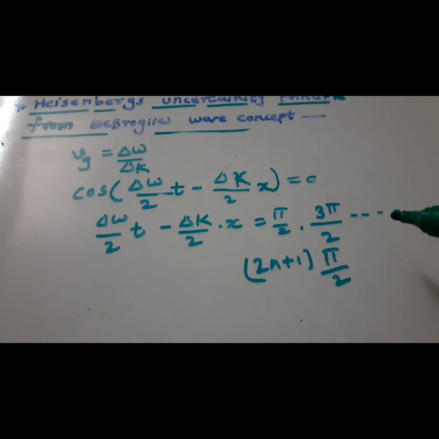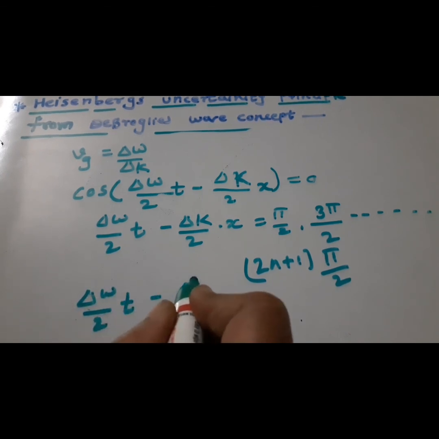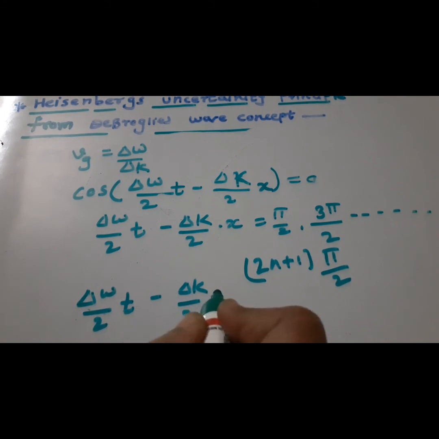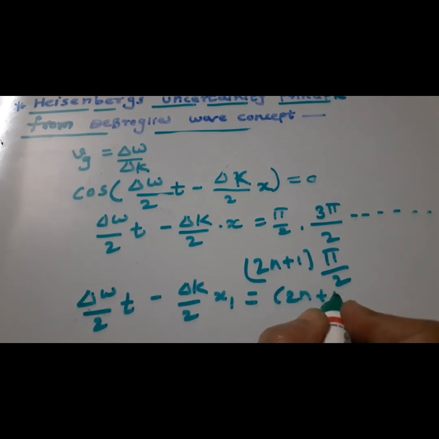Now, if x1 and x2 are the positions of the two consecutive nodes, then delta omega upon 2 into t minus delta k upon 2 into x1 is equal to 2n plus 1 into pi by 2, equation 3, isn't it?